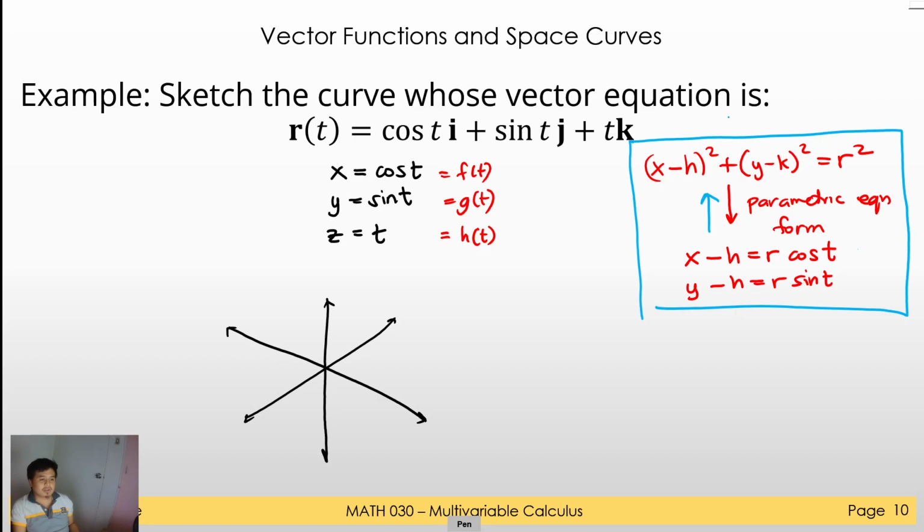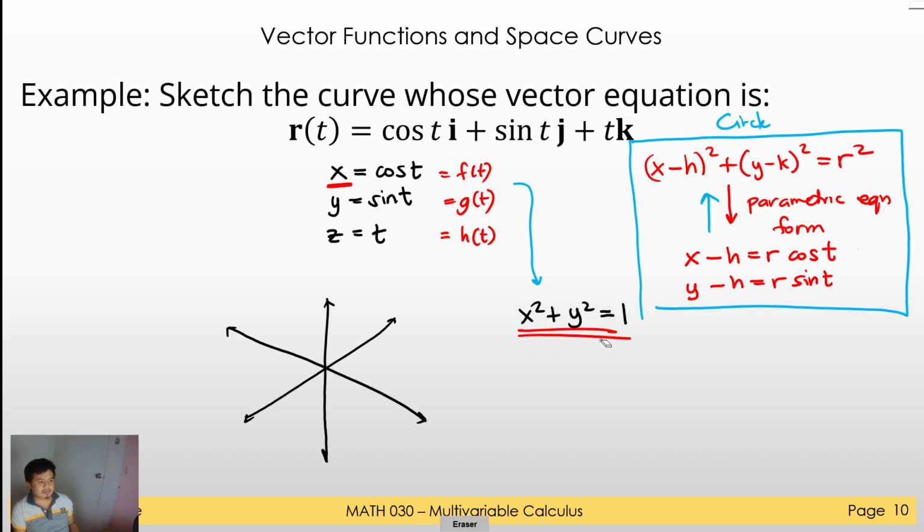Therefore, we can rewrite this vector valued function, or this parametric equation, into x squared plus y squared is equal to 1. Why is that? Because this is 0, so we have here x plus 0, comparing this to this, h is 0, and the coefficient is 1, therefore the radius is 1. So we can write this in this form.